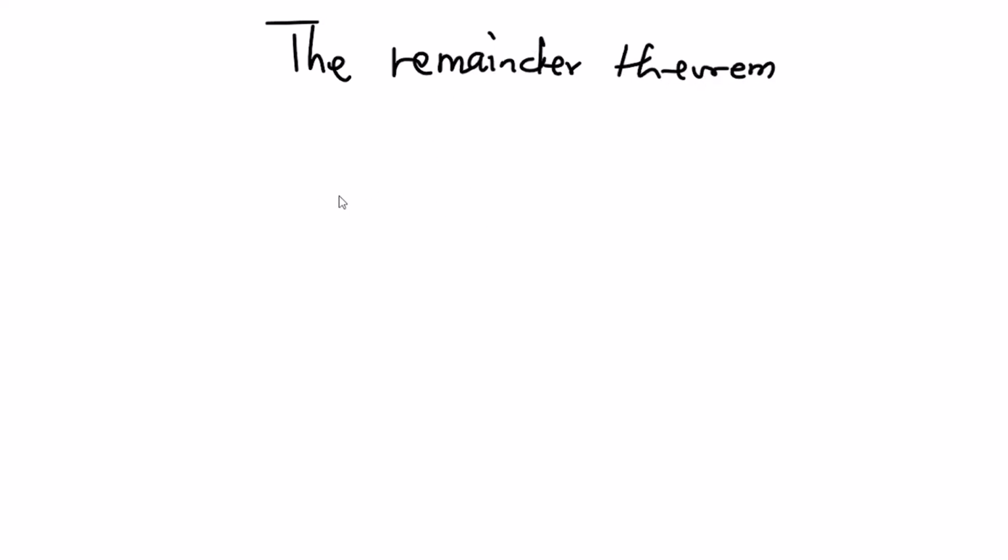Alright, so today our lesson is going to be based on the remainder theorem. Okay, what is the basic idea behind this? Let's say you have a function f of x divided by a linear factor x minus c.